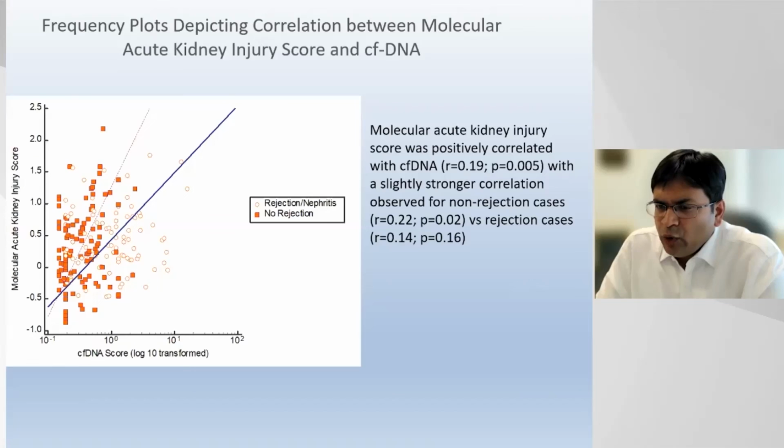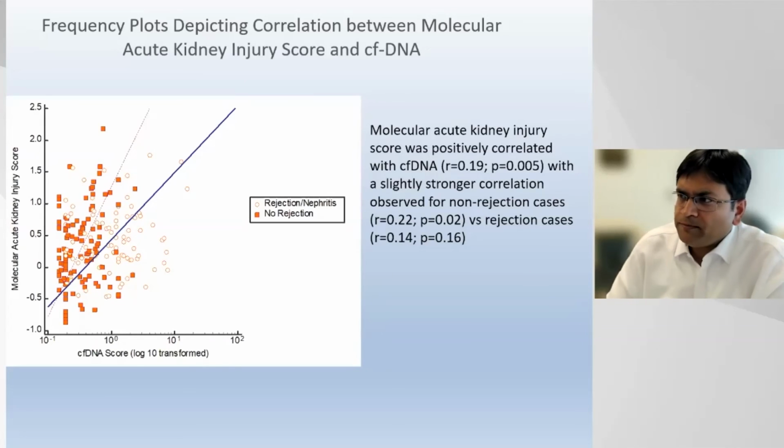What this means to us is that molecular AKI is again consistent with injury by cell-free DNA also. Essentially, they're both measuring the same thing, which is injury to the kidney. And the hope is that when we can use these tools to determine prognoses, they could be complementary to each other in the future.